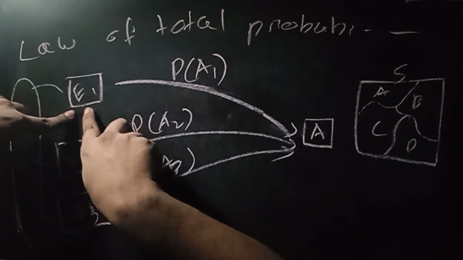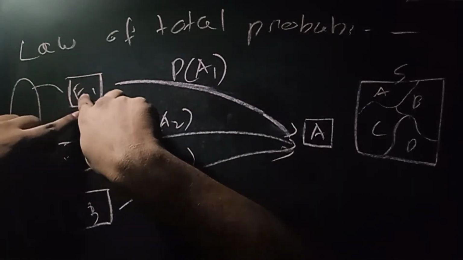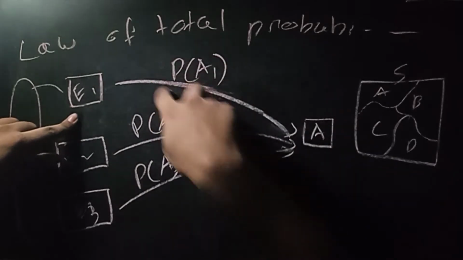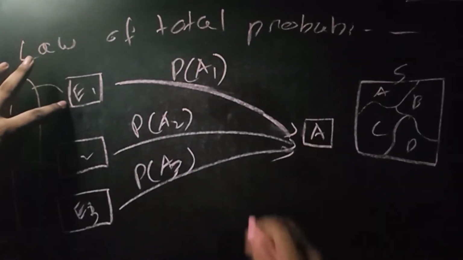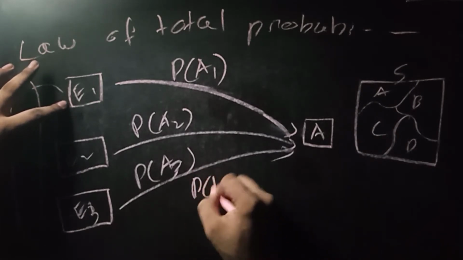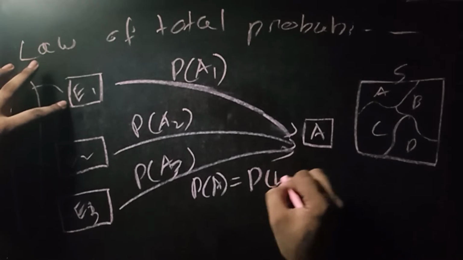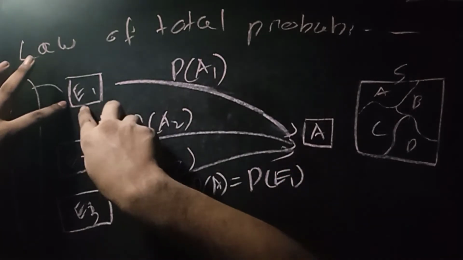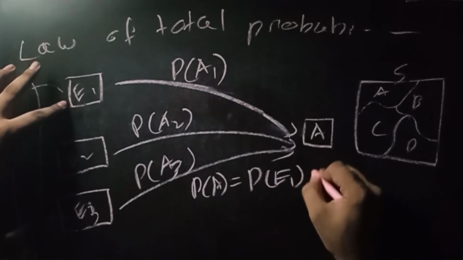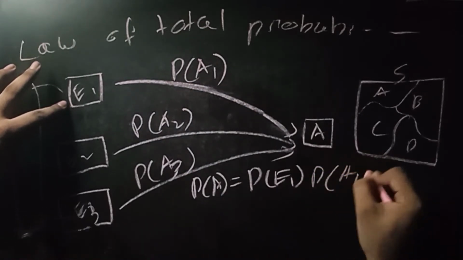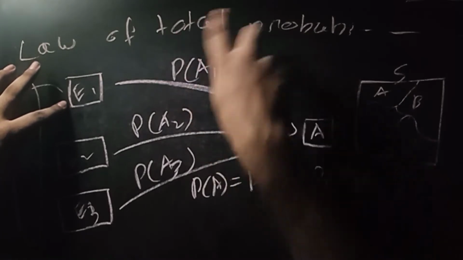So my formula is, here is an AND case. When E1 happens and inside that A1 happens, P of A total is equal to P of E1 happened, and then in E1 A happened, so that's P of A given E1, plus the OR case.